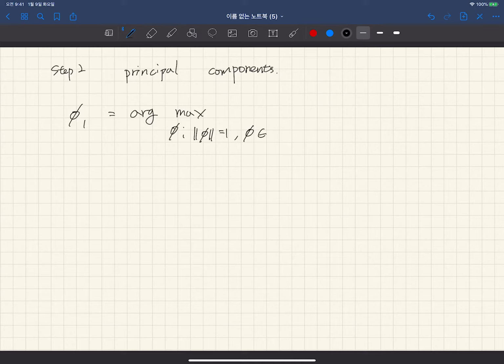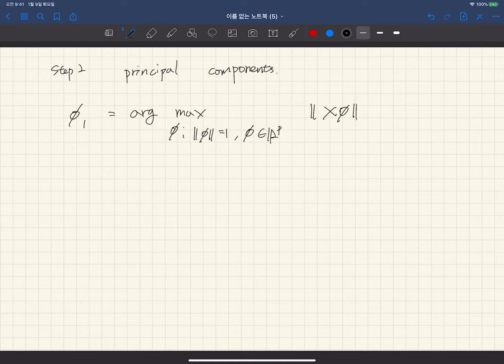Of course, pi belongs to p-dimensional space. We maximize the two-norm of X times pi. So we want to find the unit vector pi that maximizes the norm of x times pi. Okay, so this is called principal component from the right hand side.